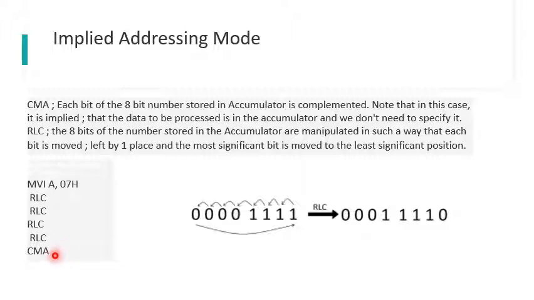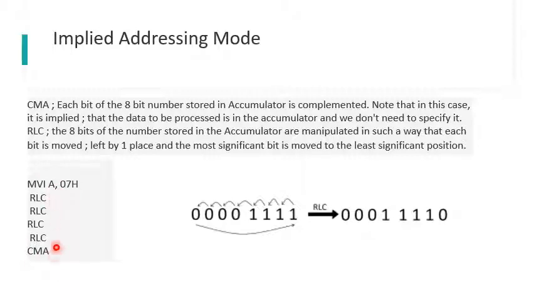Its binary equivalent is 0111 followed by four 0s. If we complement 0111 followed by four 0s, we get 1000 followed by four 1s. Its equivalent hex code is 8F. 1000 is 8 and 1111 is F. So 8F is now stored in the accumulator.